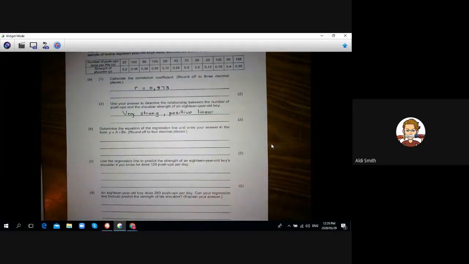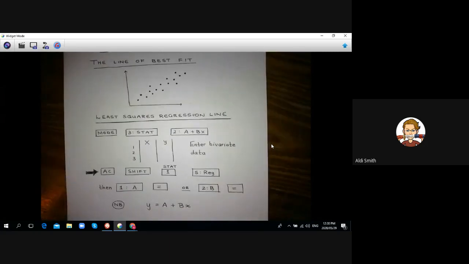Okay, right, so next we have to talk about the second set of calculations we're going to be required to do on this bivariate data, which is what we refer to as a least squares regression line. Now, some of the books and some of the notes you might get refer to this one as a line of best fit.